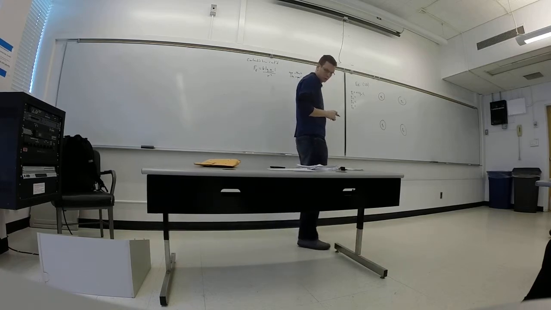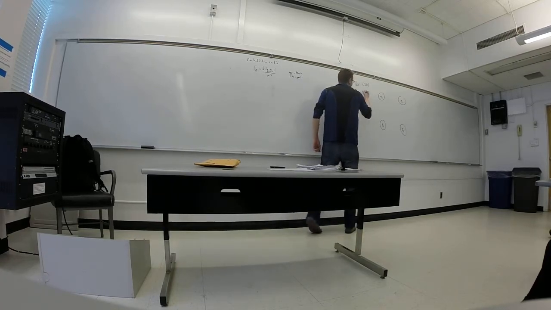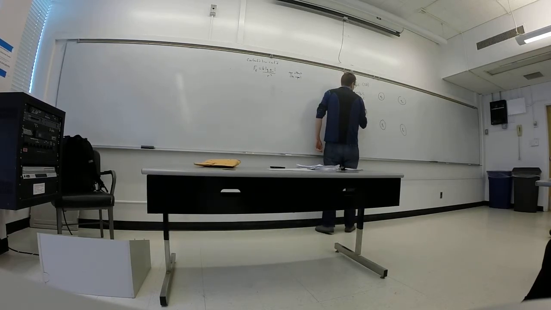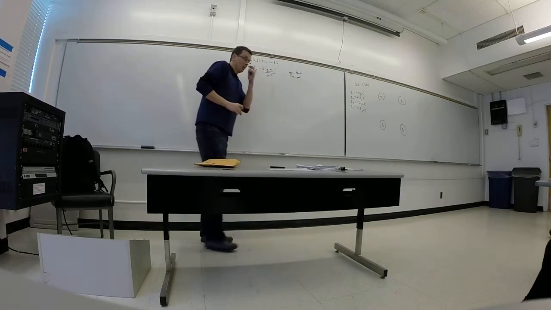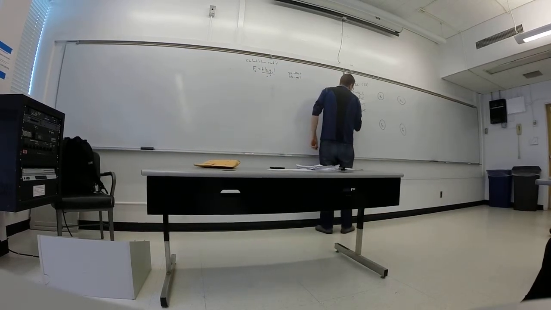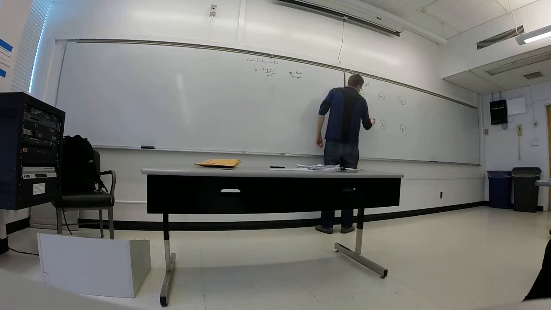Q2 is plus 5 microcoulombs. Q3 is plus 6 and Q4 is minus 3. The whole thing is a square of side L, which is 3 centimeters.